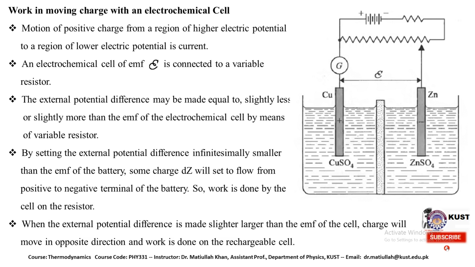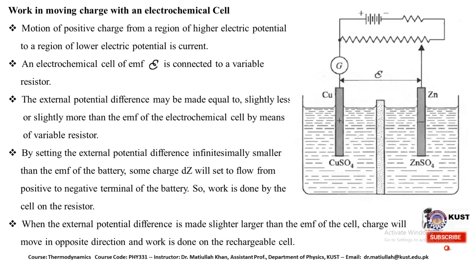So what are the consequences of this work? If this work continues, the charge of the battery will reduce, and a time will come when the charge of the battery vanishes. So this is one type of motion of charge in this particular circuit. What happens if you want to recharge the battery?